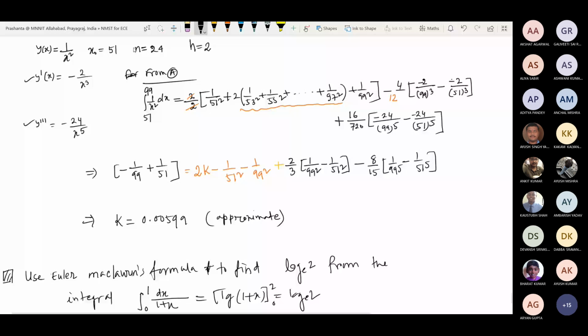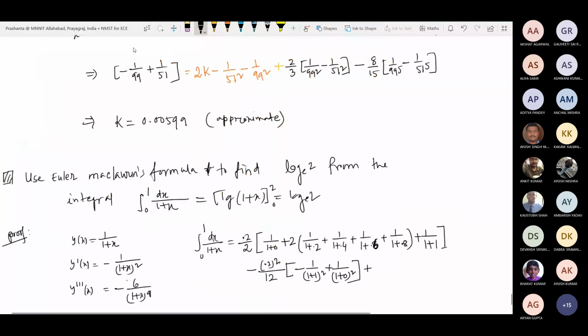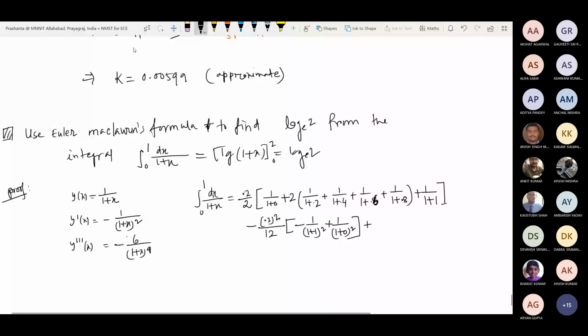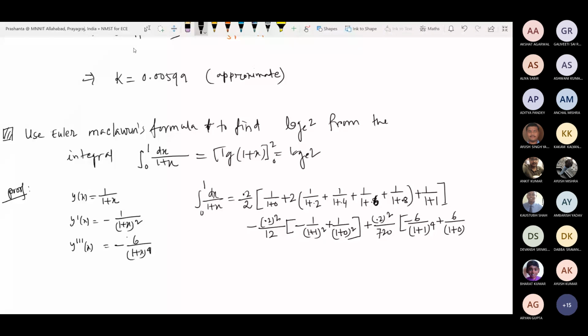So plus 0.2 power 4 by 720, times minus 6 by 1 plus 1 power 4, minus minus plus 6 by 1 plus 0 power 4. So I am stopping here.